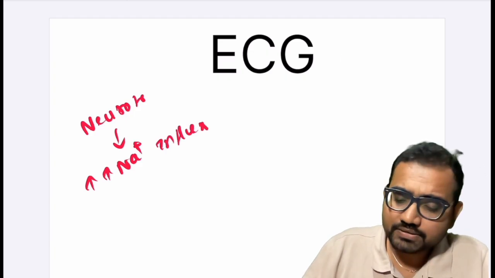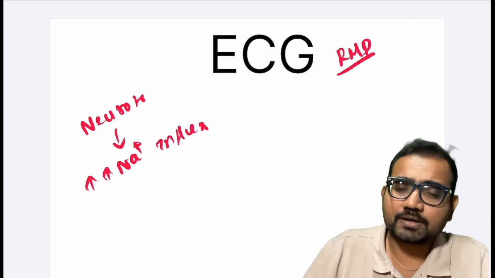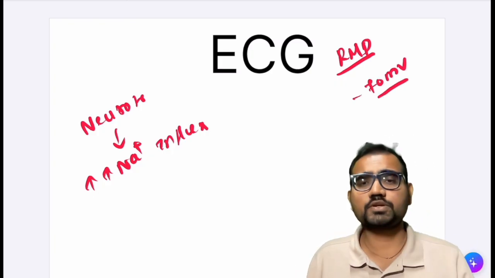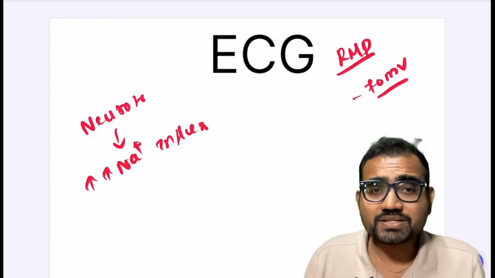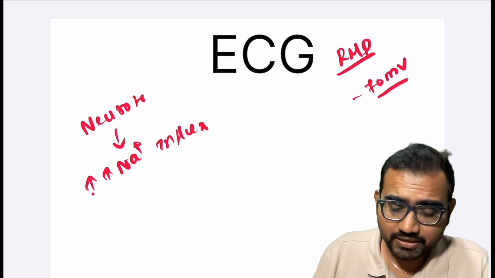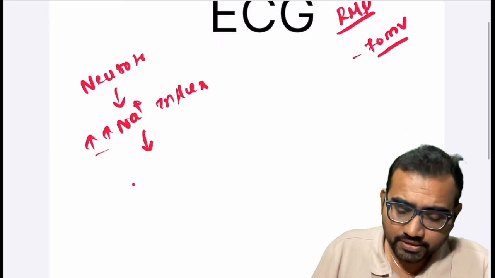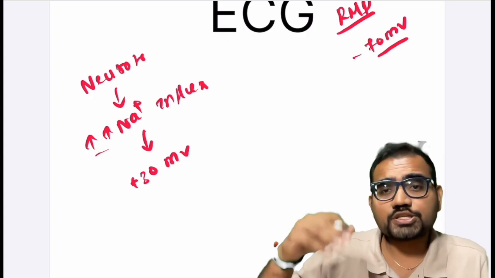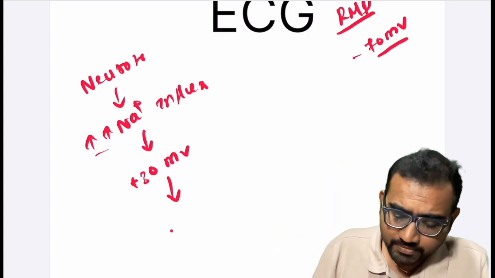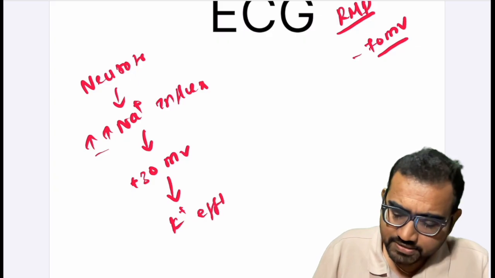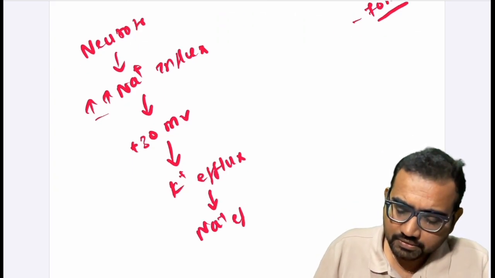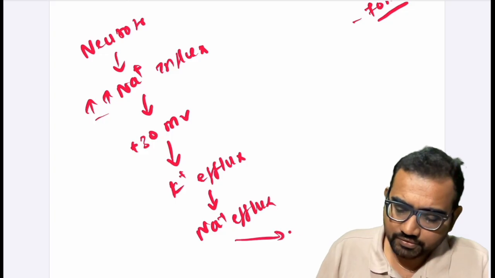Normally the resting membrane potential for a heart muscle is minus 70 mV. Once the action potential is triggered, the influx of sodium results in positive 30. Over a period of time there's going to be potassium efflux, followed by sodium efflux, and there is going to be repolarization.